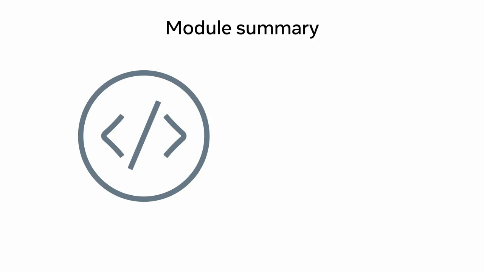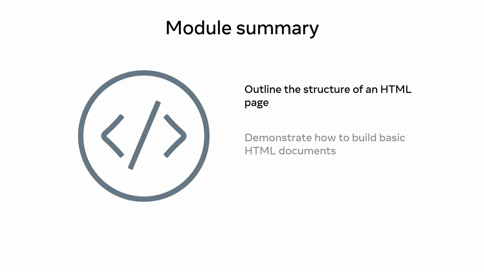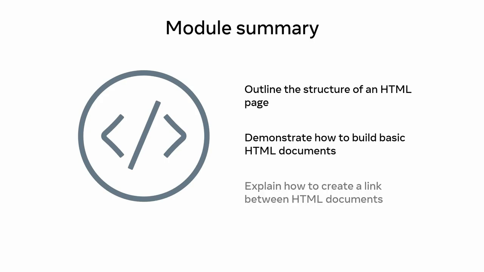And you also explored HTML documents in order to learn how to outline the structure of an HTML page, including the root, head, body, and other elements, demonstrate how to build basic HTML documents by combining common key elements and tags in order to create a structure, and explain how to create a link between HTML documents with the use of an href or hypertext reference attribute to redirect users between the documents.